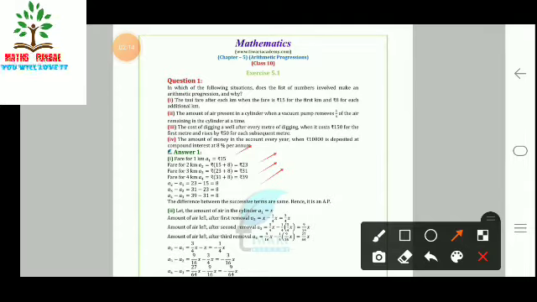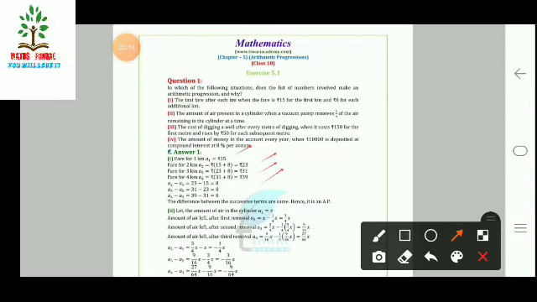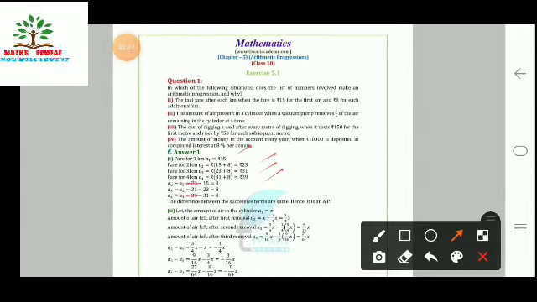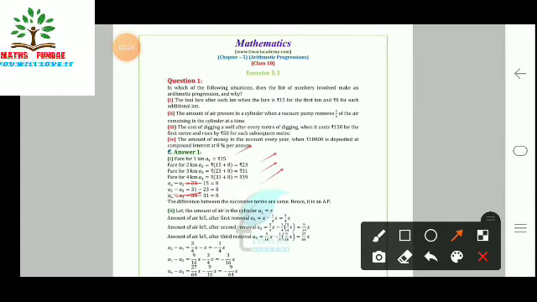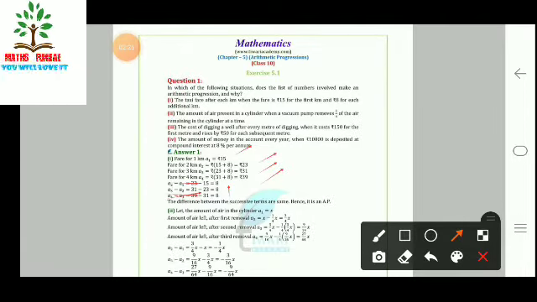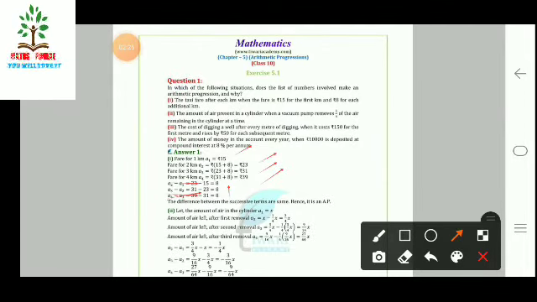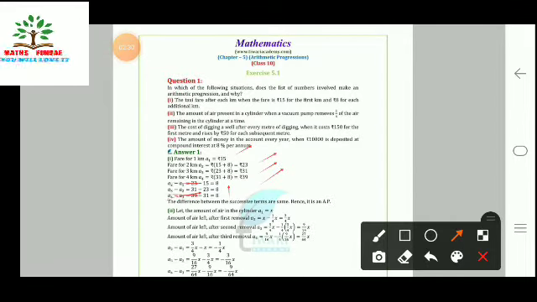We can see that the difference between the second and first term, the third and second term, and the fourth and third term is the same. So when we have the same difference between successive terms, it is an AP, that is, we have a common difference.